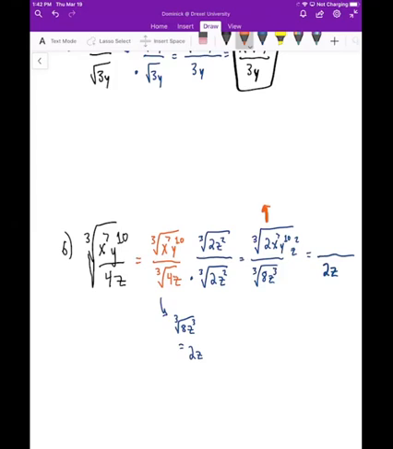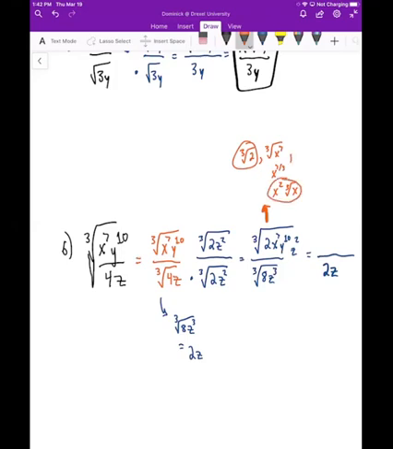And if I simplify this top, maybe off to the side a little bit just to save some space, we'll get a cube root of 2, which we can't do anything with. And then cube root of x to the 7th, we could write as x to the 7 over 3, which is just going to come out to be x squared, with 1 left over, so cube root of x. Just keep track of what we have.